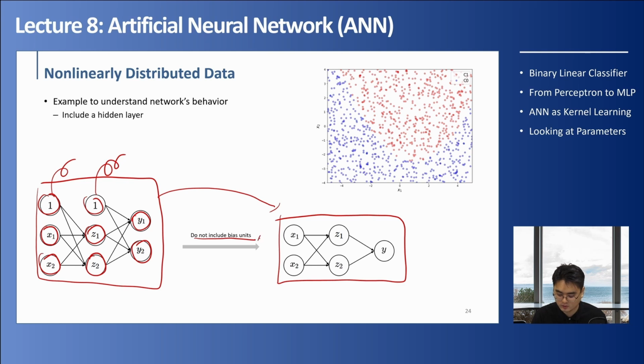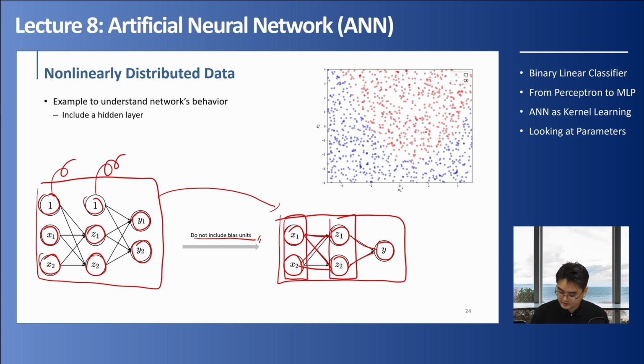So we're going to now omit drawing our bias units. So we have a much more simplified version of our MLP here, and we know that these neurons and weights are connected to each other. So using this MLP, let's try to understand what happens in this layer and what happens in this layer.